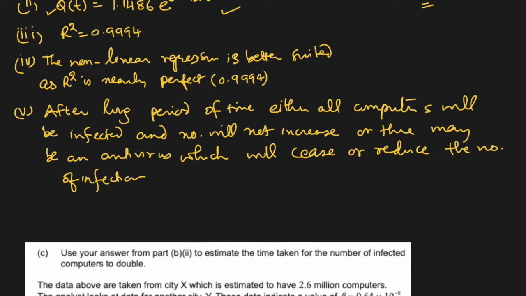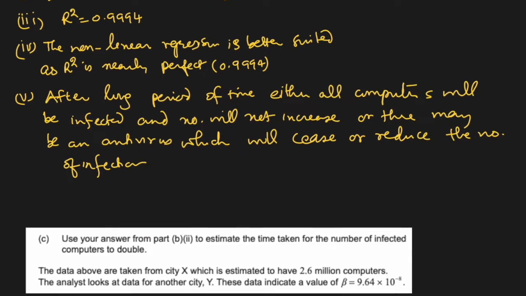Part C, use your answer in part B2 to estimate the time taken for the number of infected computers to double. So what was it? It was 1.1486, e to the power 0.2921 t.